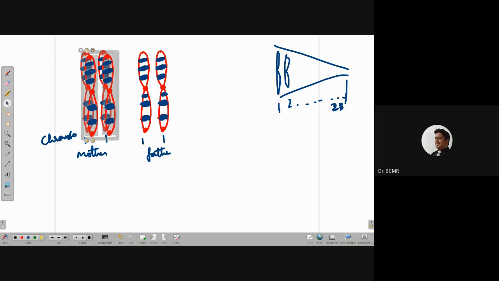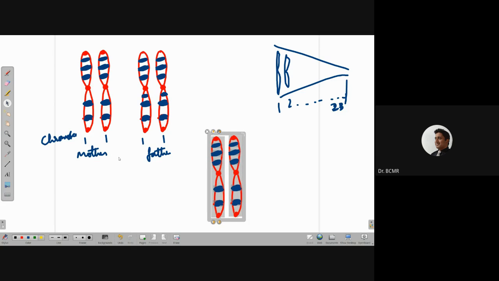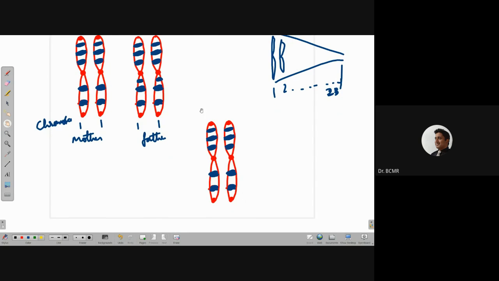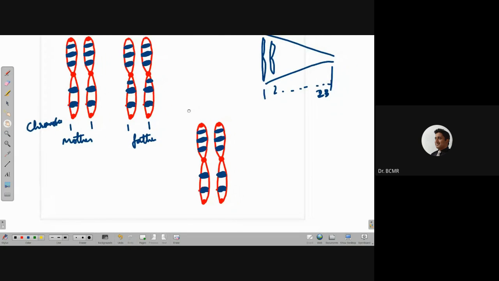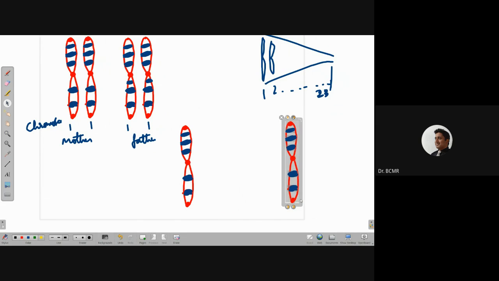So when the gametogenesis happens, they will separate out, or they will segregate, and they'll go each to an individual. This will go to one individual, and this will go to the other individual. And the same thing will also happen with the father.